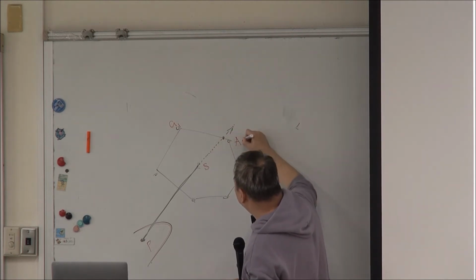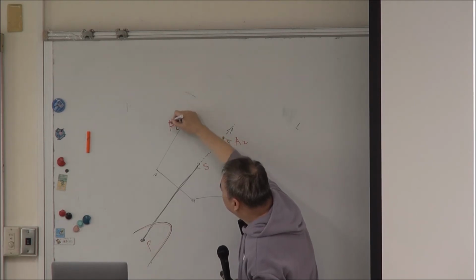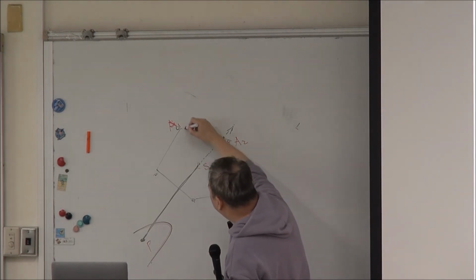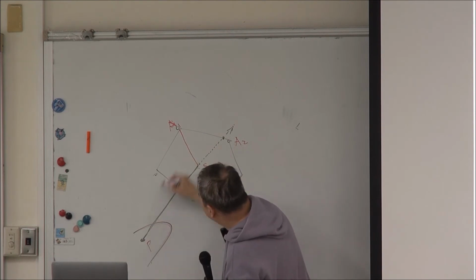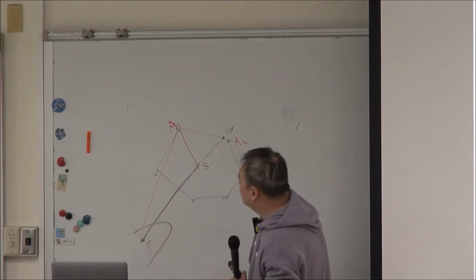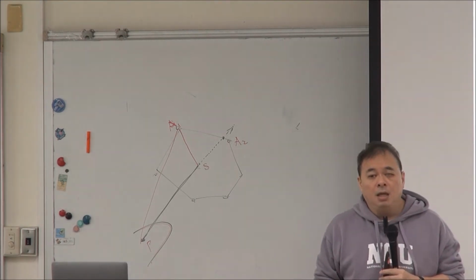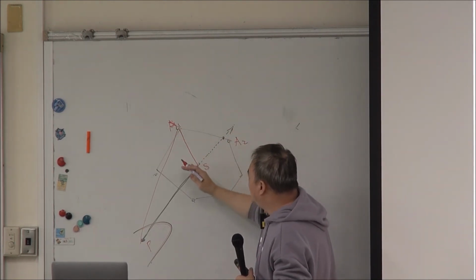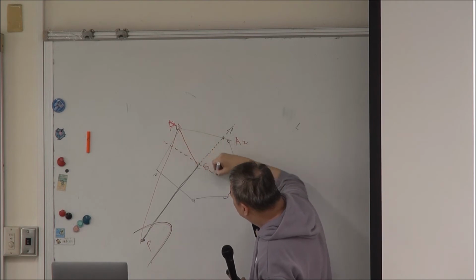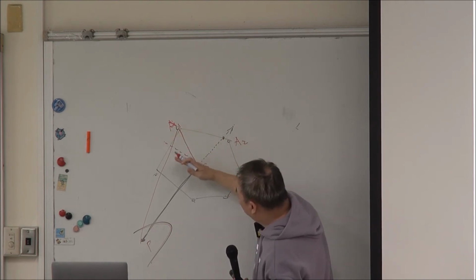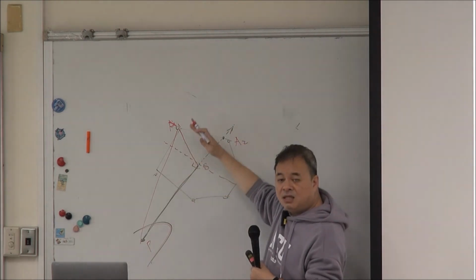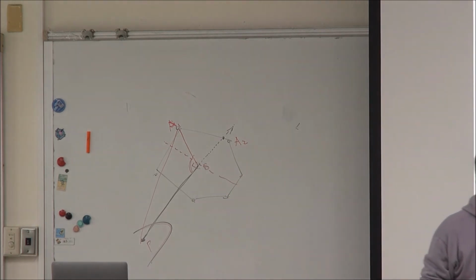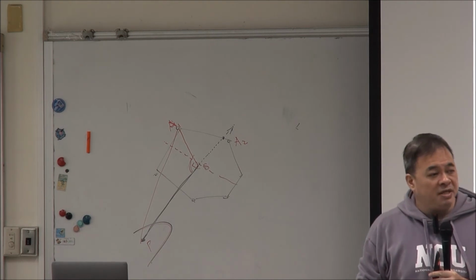We can consider either of them, maybe say the triangle A1, S, P. Because A1 or A2 will be away from S, this angle will be greater than 90 degrees, right?